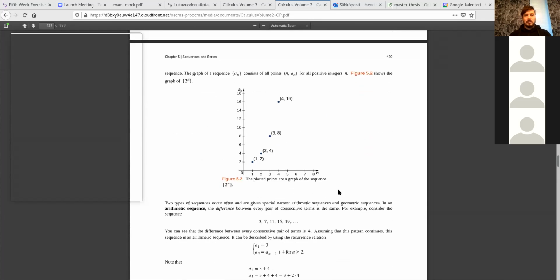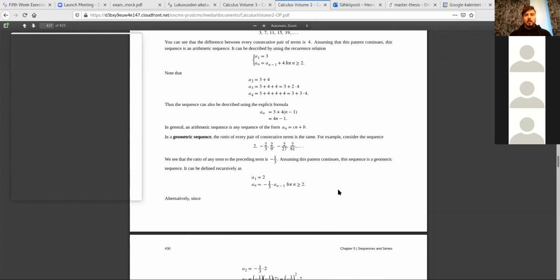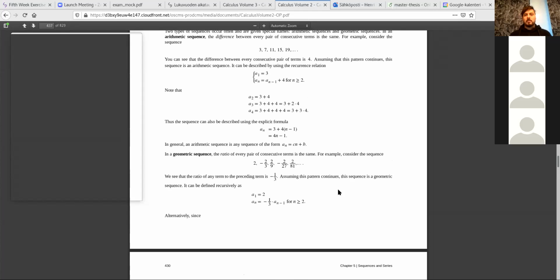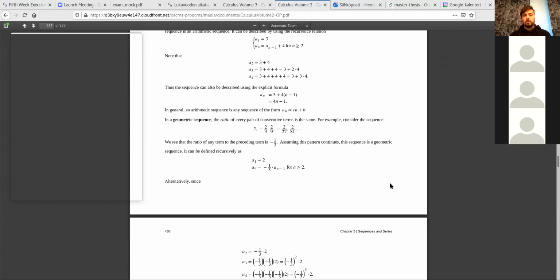And there are all these other things like plotting the graphs and so forth. When you have a recurrence relation, you can formulate the next one in the sequence and so forth. I'm not going to go into this too greatly.